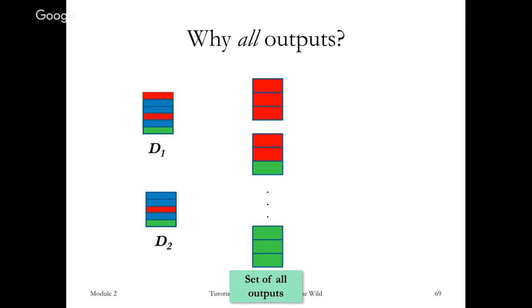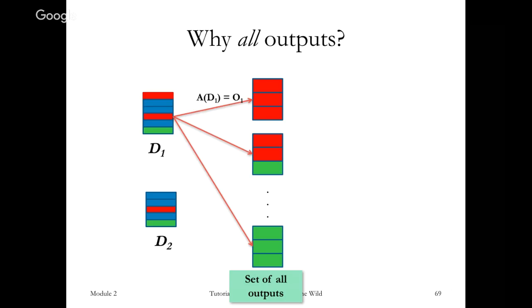Okay. And then why all outputs? We can imagine the set of possible outputs that an algorithm could produce, and differential privacy says consider the probability of producing each of these outputs. One thing I didn't say before is this algorithm is going to be a randomized algorithm. So the output that it produces is essentially generated by flipping some coins, and you output a particular output with some probability.